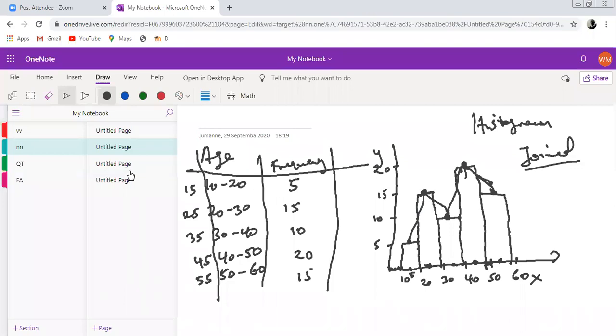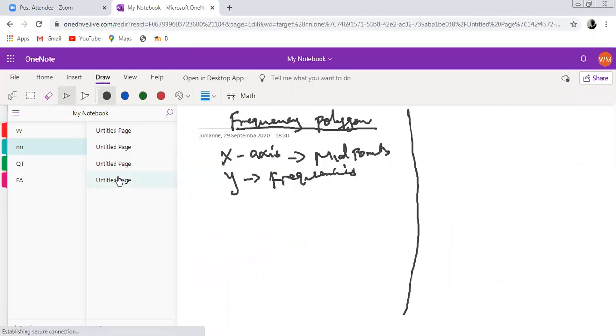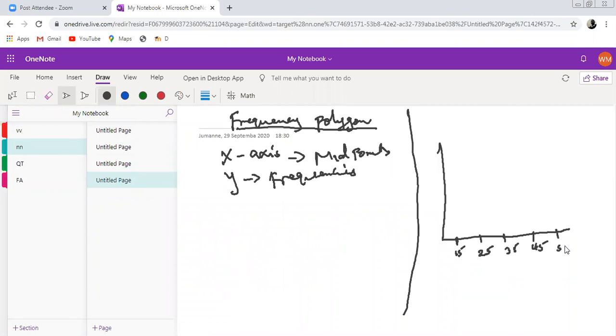But you can draw it afresh. By drawing it afresh, you just come and have those midpoints indicated here. Like in our case, we had 15, the other one was 25, 35, 45, and 55.